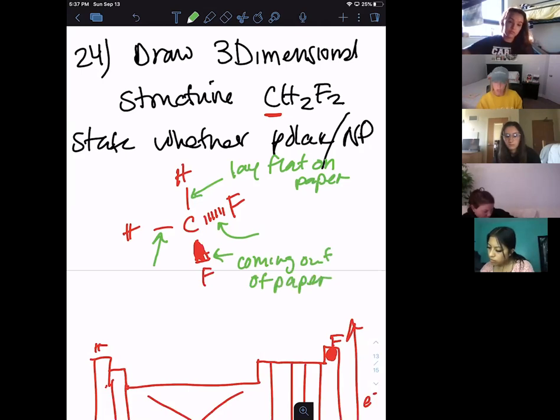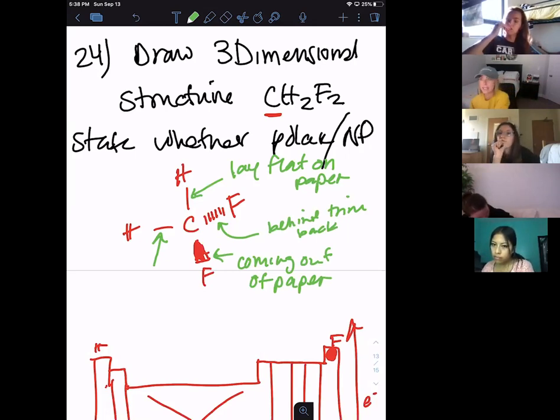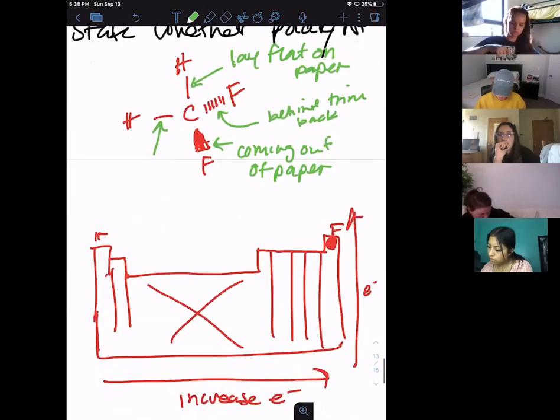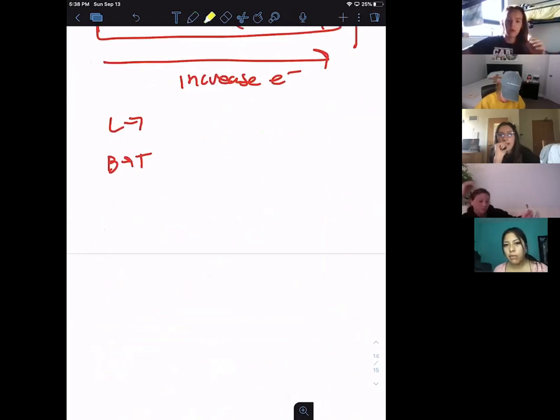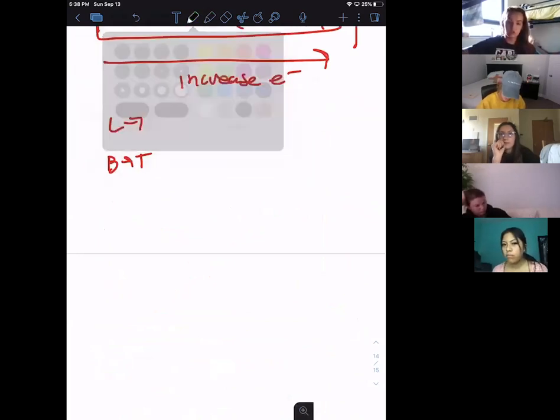If you were looking at a piece of paper, one would be coming out at you, and then one is going behind through the back of the paper, okay? So if this is my paper, one is coming at me, one is going out the bottom. And that's how you're going to be able to do a 3D drawing of something like that, especially with high electronegativity. All right. Last thing to note, be aware of density.